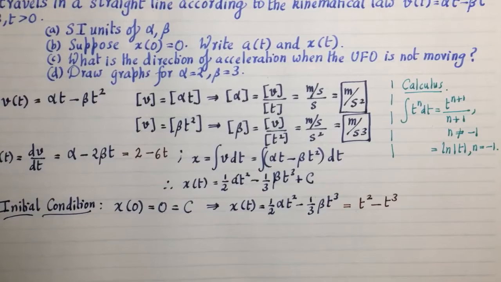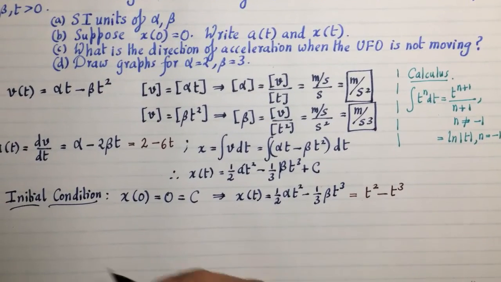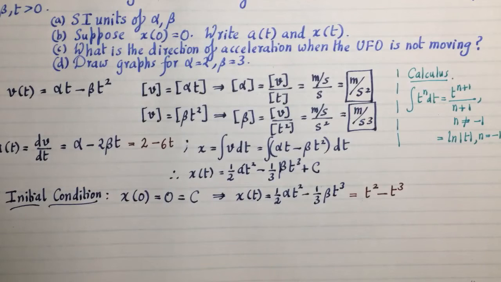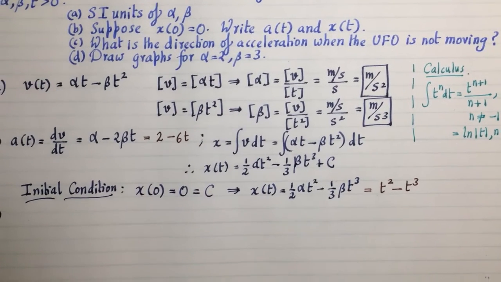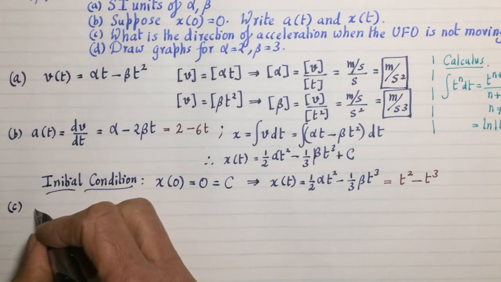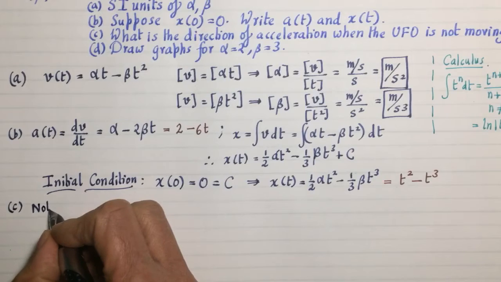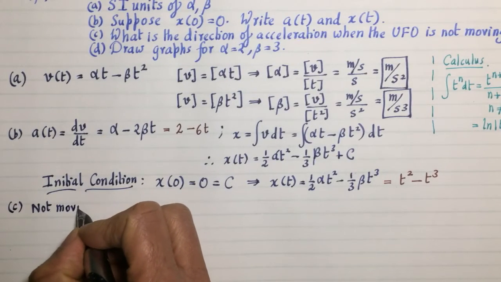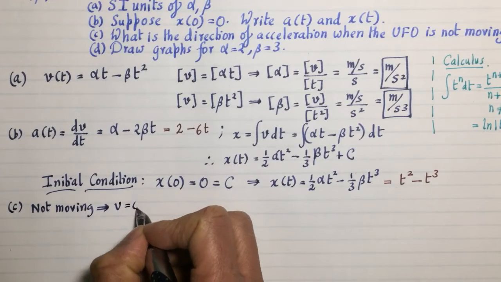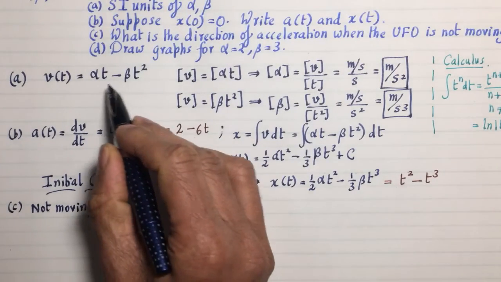Now the next question is to find out the direction of the acceleration when the UFO is not moving. To answer that question, we need to first figure out when the UFO is not moving. Well, not moving means velocity is 0. So let's set the velocity expression equal to 0.